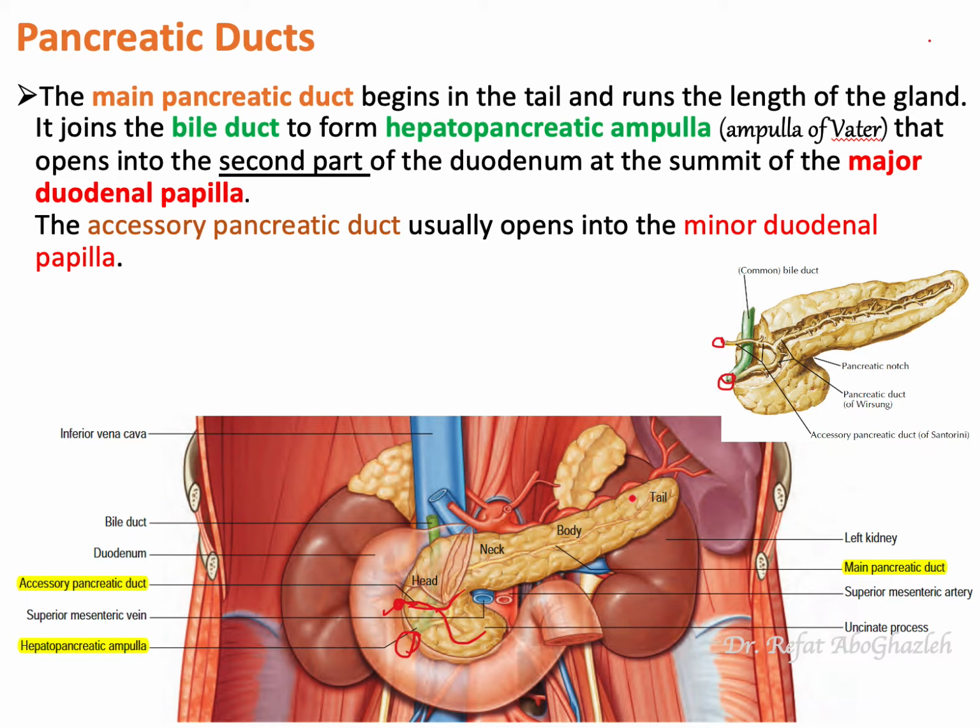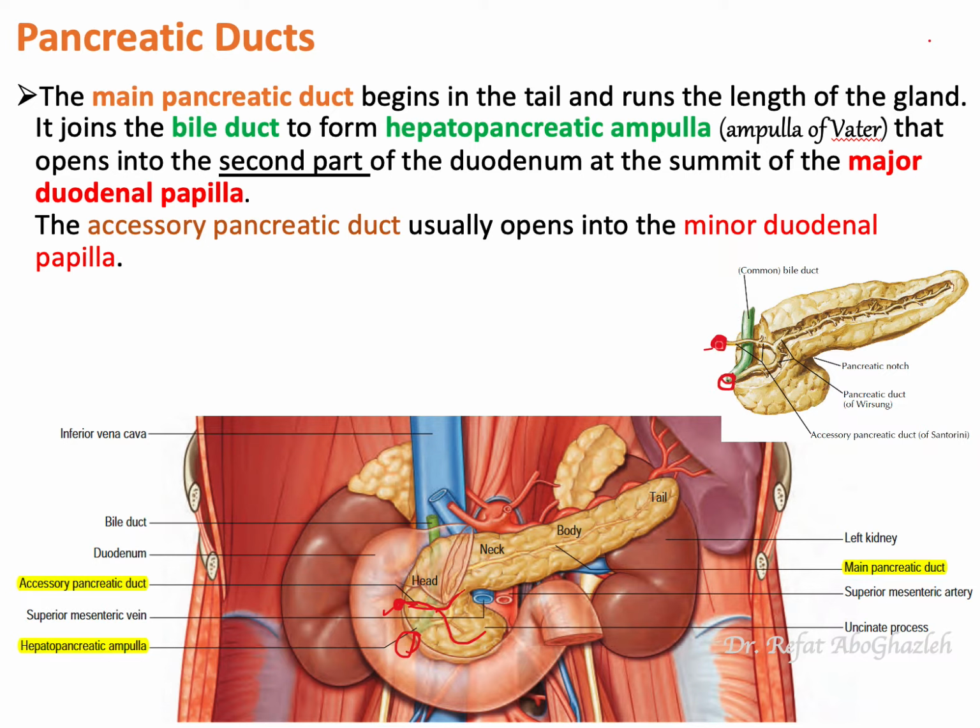So this is just a description of the main and accessory pancreatic ducts, and as I mentioned, guys, the major pancreatic duct and minor pancreatic duct usually open into the second part of the duodenum, in the posterior medial wall of the second part of the duodenum, which is important.